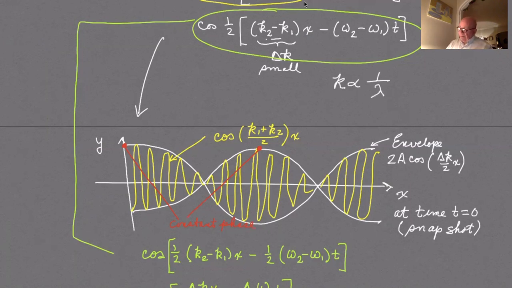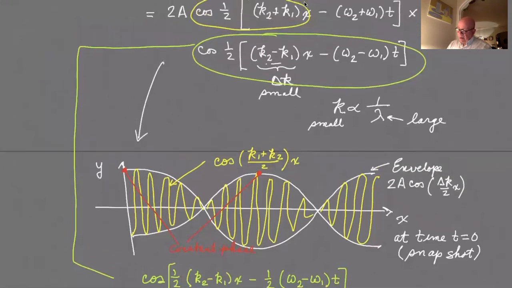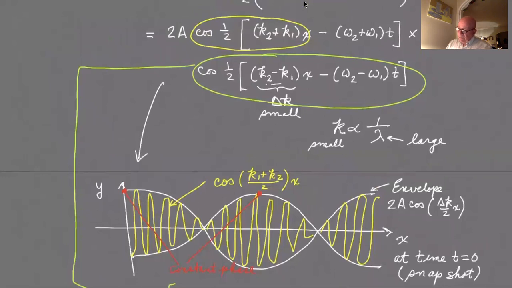So if this is small, then this is going to be large. That's the broad envelope of a very large wavelength. Underneath that envelope, we have a sum of two k's. And here, if k is large, since that's proportional to 1 over lambda, then lambda is going to be small.